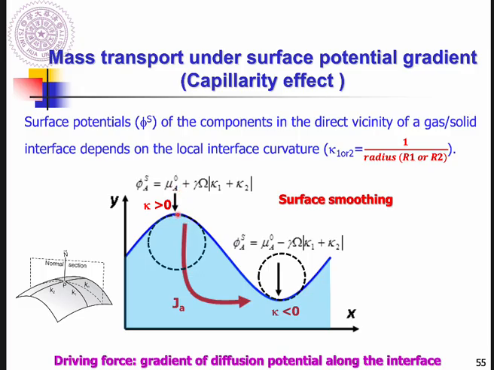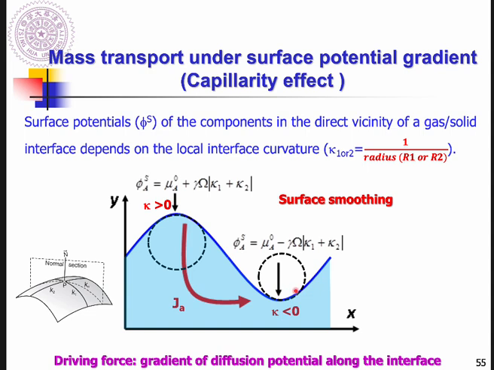Now it's not on the flat surface, so we need to add an extra term related to its curvature: gamma, the surface energy, times the average atomic volume, times kappa 1 plus kappa 2. The kappa, as we mentioned, is the reciprocal of the radius. So this is the surface potential of atom A, and this is a positive term.